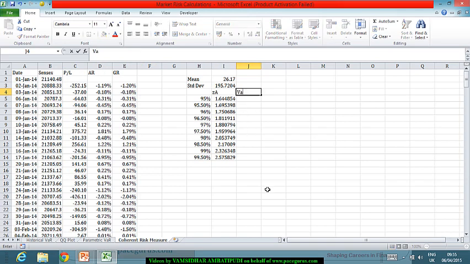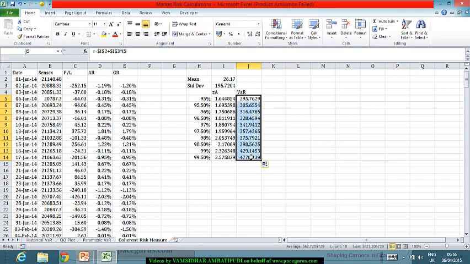Based on that, I can compute the 95% VaR, 95.5% VaR, and so on. I'll compute the VaRs associated with each of these levels. I can take them as minus mu plus standard deviation times Z alpha, giving me a VaR of 295.